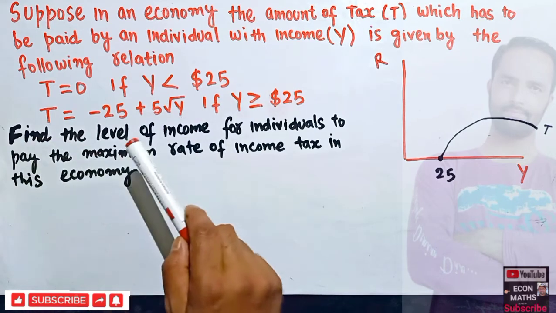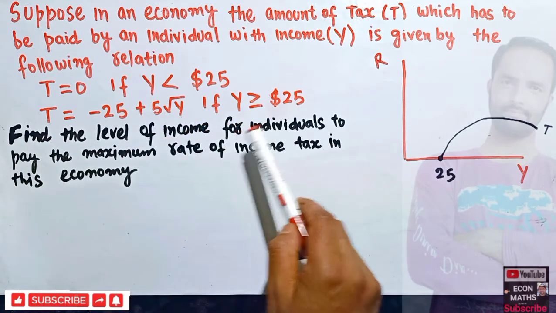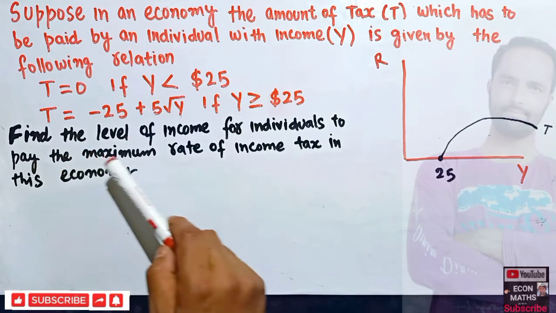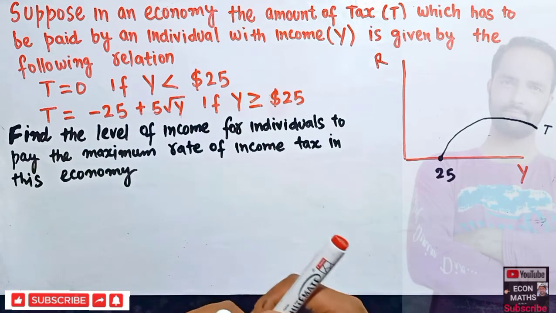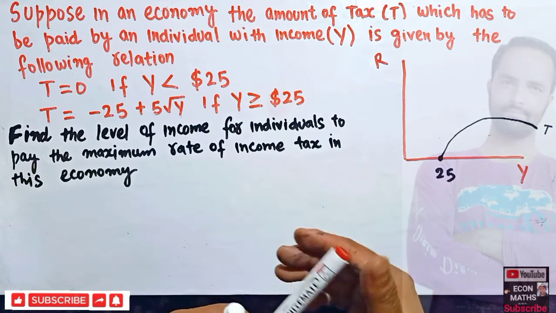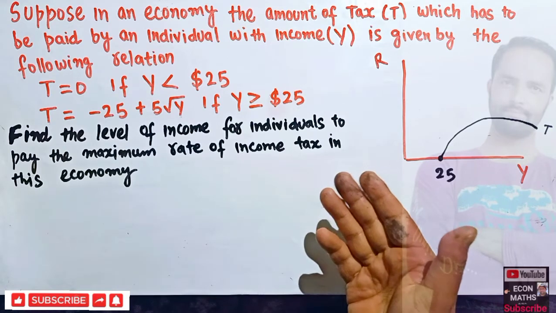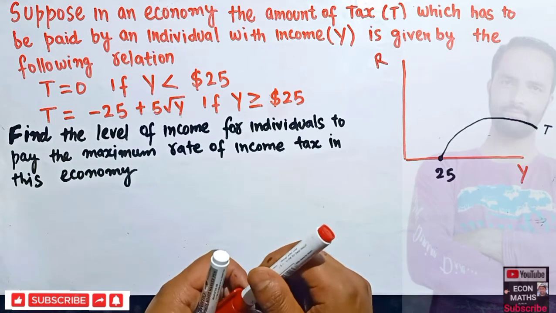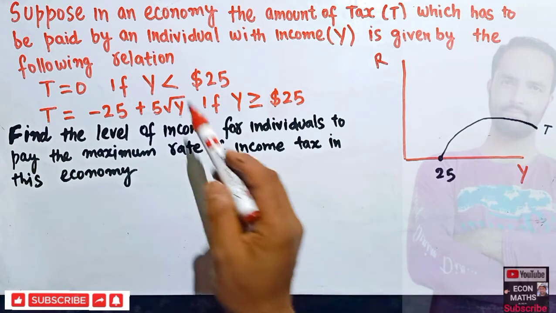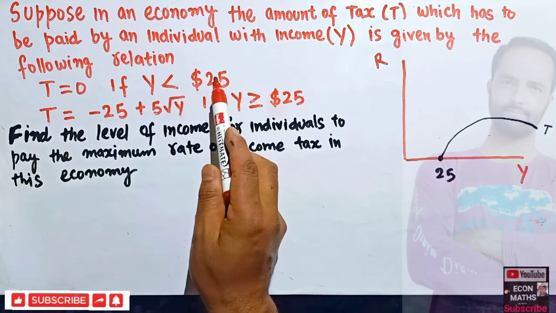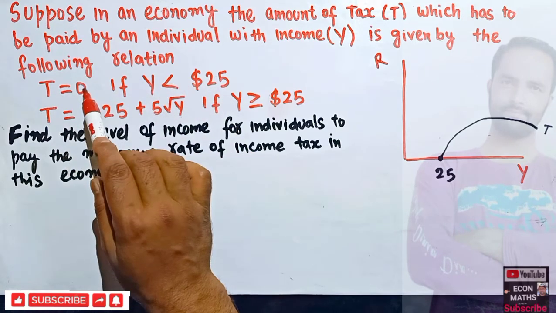We have to find out the level of income for individuals to pay the maximum rate of income tax in this economy. We have to find the level of income where the person will pay the maximum income tax. So graphically, what does this mean? When income is less than $25, tax is equal to 0.